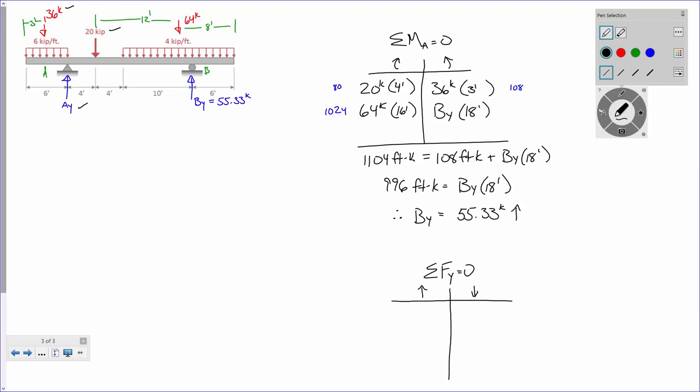All right, so we've got 36 kips acting downward. We've got AY assumed to act upward. We've got 20 kips acting down. We've got 64 kips acting down. And we've got 55.33 acting up.